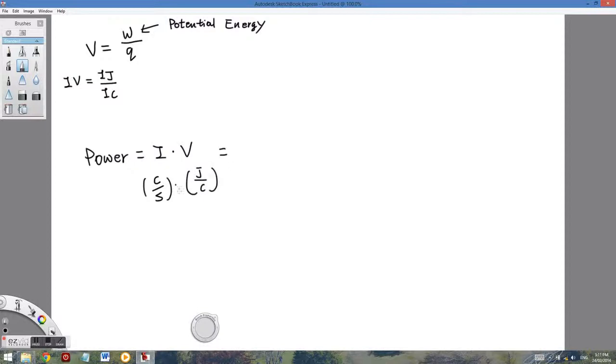If we multiply these two together, the coulomb cancels out. The unit of power will be joules per second, so it is measured in watts.